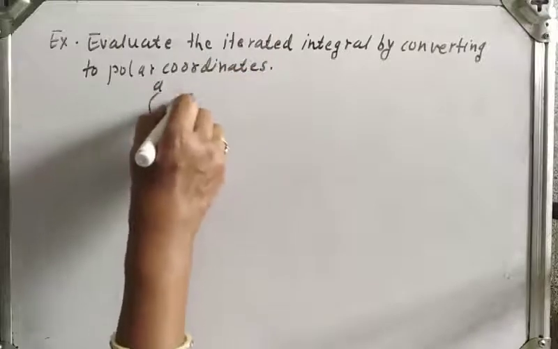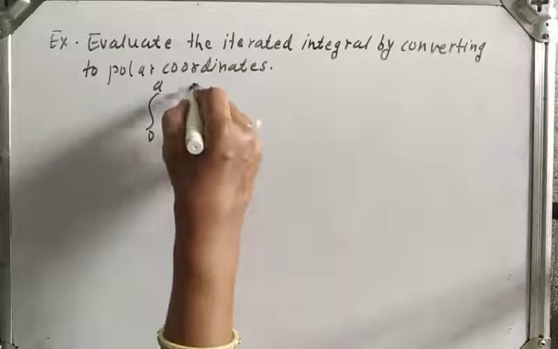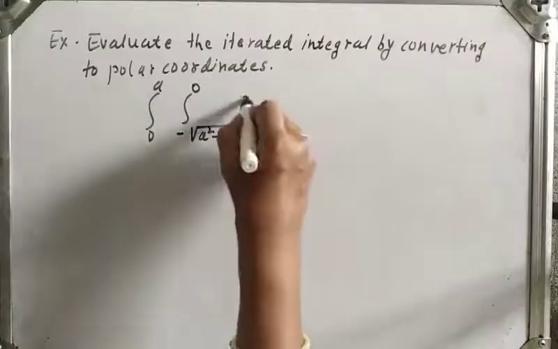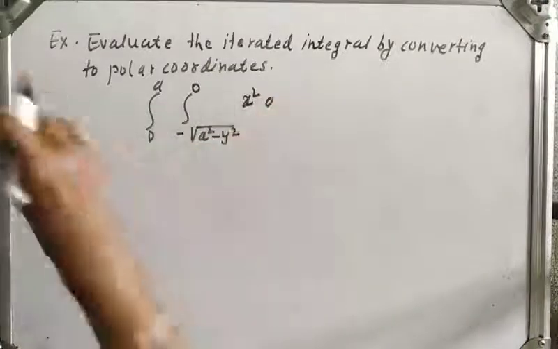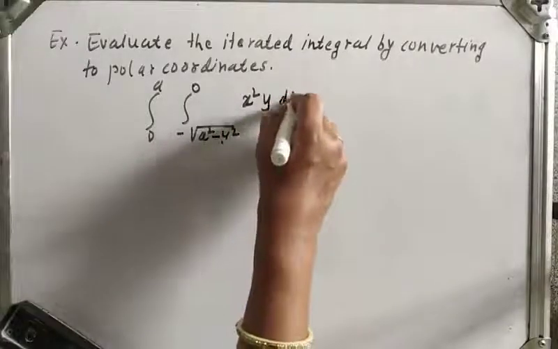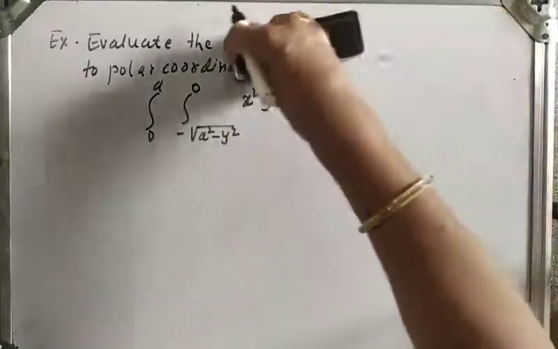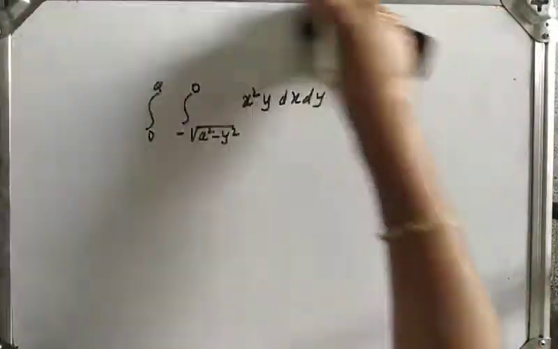The integral is from y = 0 to a, x from minus square root of a square minus y square to 0, of x square y dx dy. Okay, we have to convert this integral into polar coordinates.